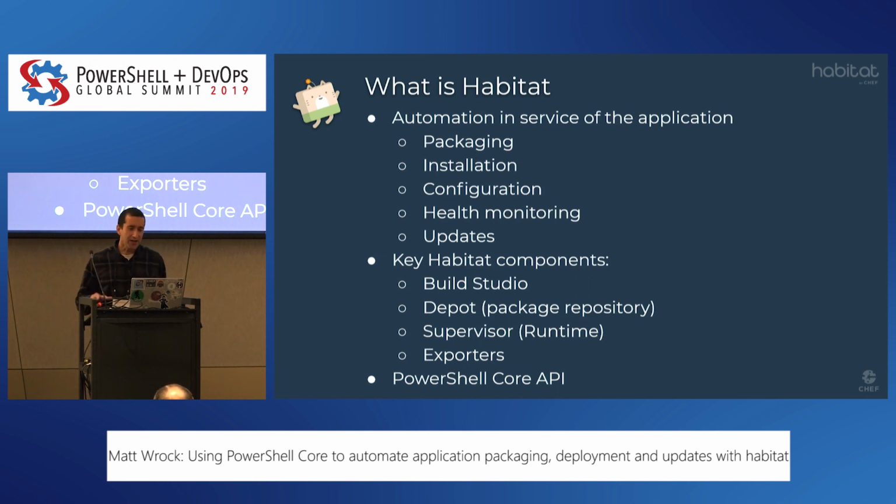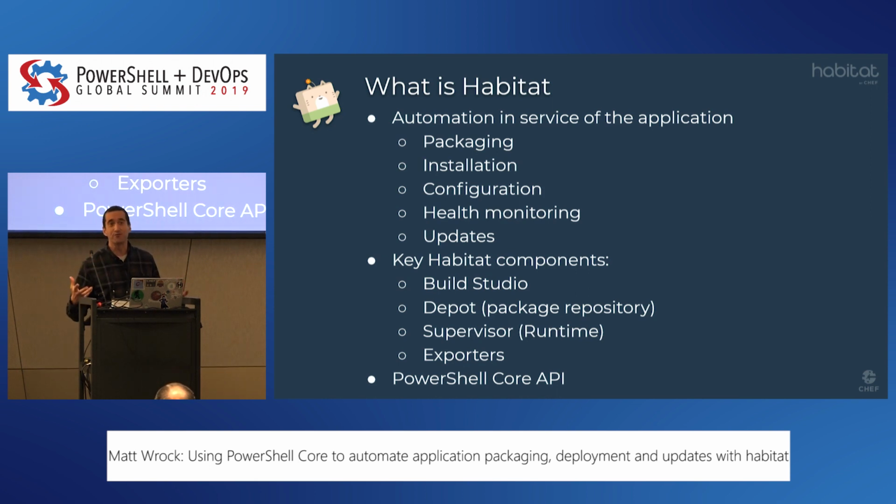And so finally, and what I think makes this rather pertinent to this summit, is that the user interface for us, application developers, application operators, the people that are invested in the care and feeding of these applications, the way that we interact with Habitat to do this automation is PowerShell Core to be exact. We love PowerShell Core because we can package it, we can bundle it.